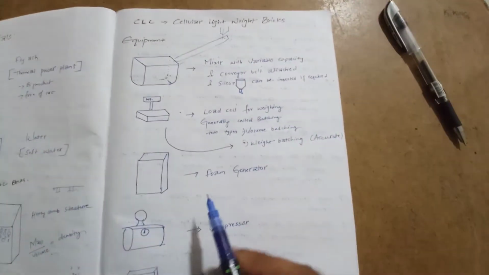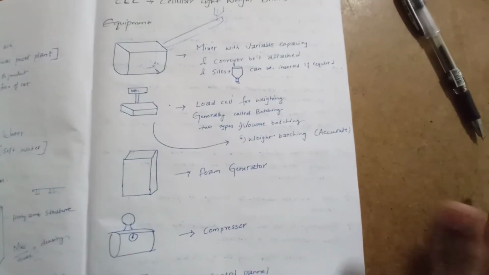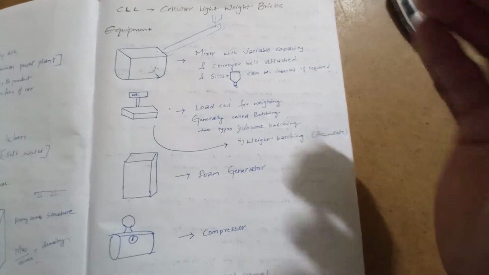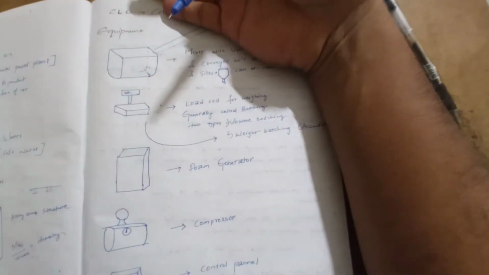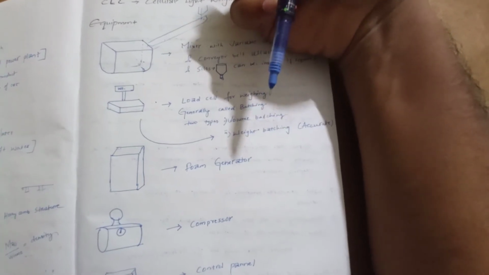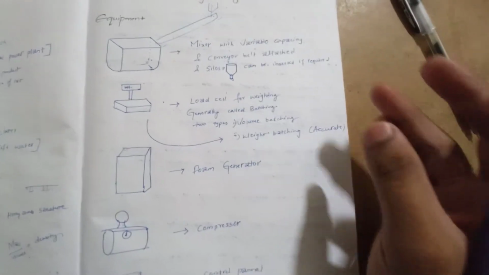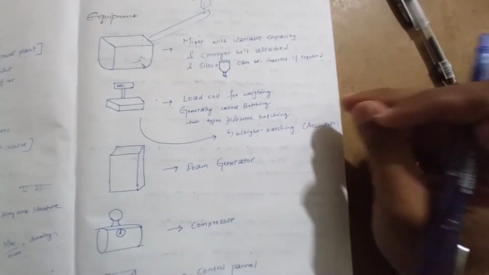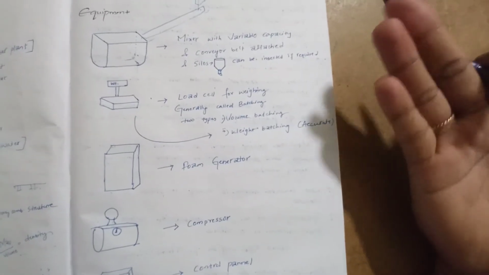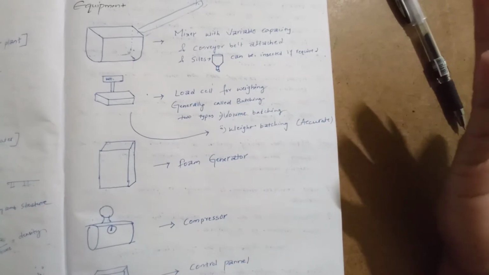This load cell helps for batching. What batching is exactly, is the amount of each thing we are using, and there are mainly two types: volume batching and weight batching. Volume batching is a traditional method. We say that we have used one bag of cement, so we'll go for two bags of soil, like natural sand, and three bags of coarse aggregate.